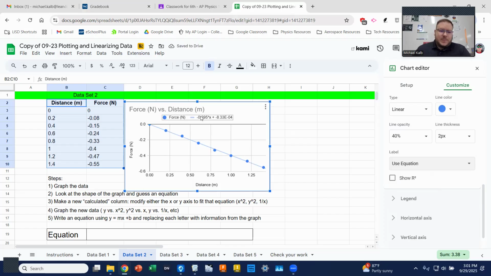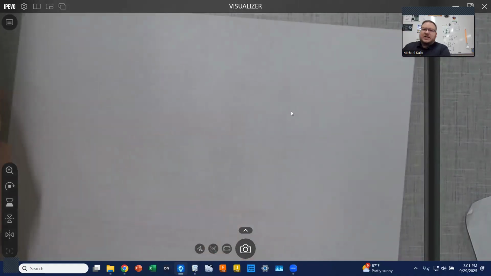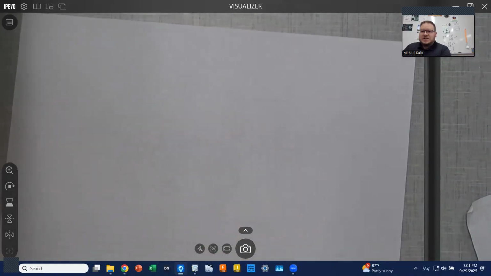All right. So this gives us, it says in the legend here, the line represents negative 0.395 times x plus negative 8.33 e negative 0.4. That's negative 8.33 times 10 to the negative fourth power. So that's the equation of that line of best fit.